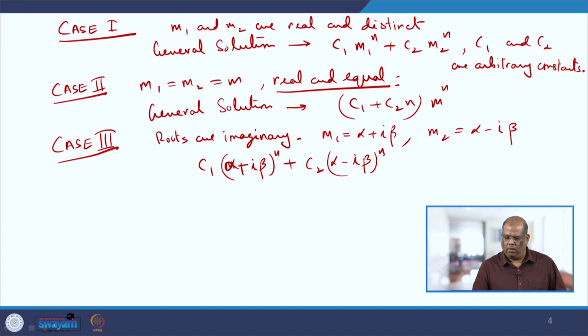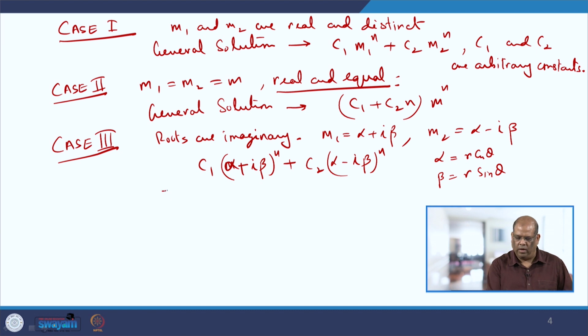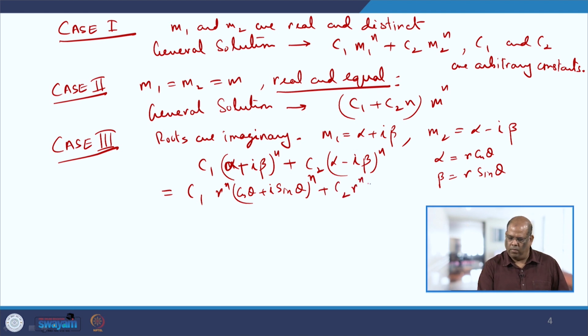But we put it in a more simplified form. We put alpha equal to r cos theta and beta equal to r sin theta. If you substitute it here, you will get C1 r to the power n (cos theta plus i sin theta) whole to the power n plus C2 r to the power n (cos theta minus i sin theta) whole to the power n.